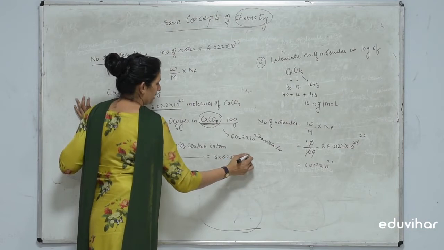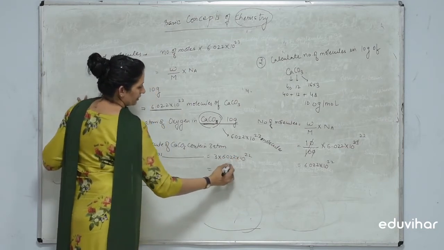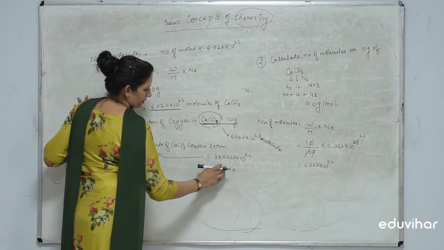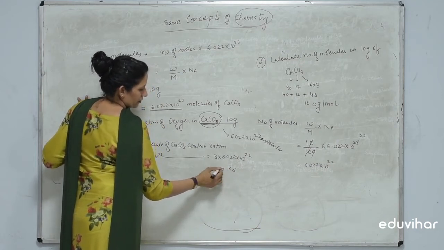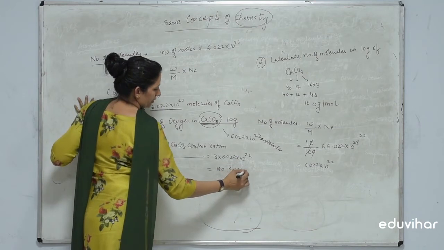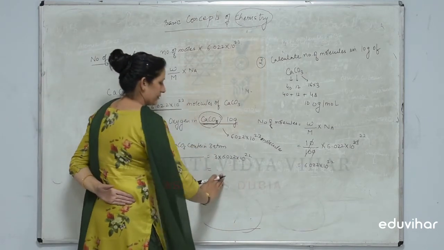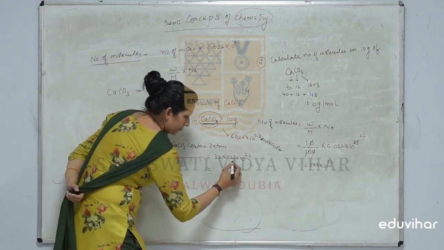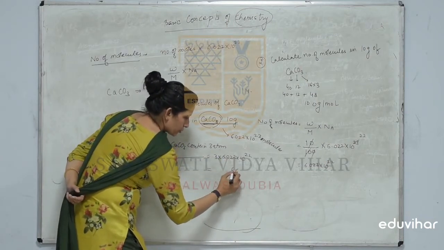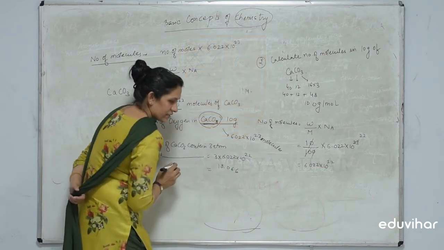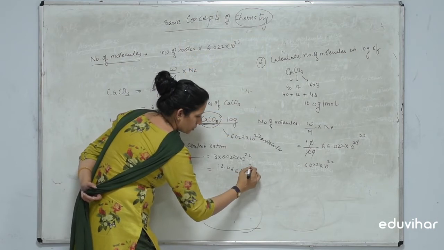to the power 22. If I multiply, 3 2s are 6, 3 2s are 6, 0, 6, 3 8s are 18, and the decimal point is here, that is 10 to the power 22.